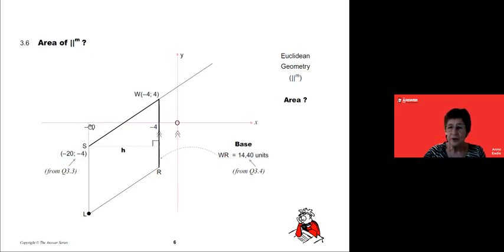And from -4 to -20 is very simply 16 units. So that made it very easy to find the area of this parallelogram, the base and the height very easily obtained. And these coordinates, of course, were found in question 3.3 and were entered on the diagram if the correct procedure was followed.